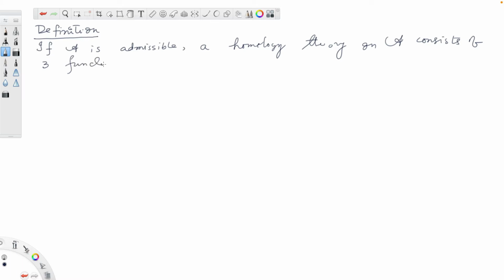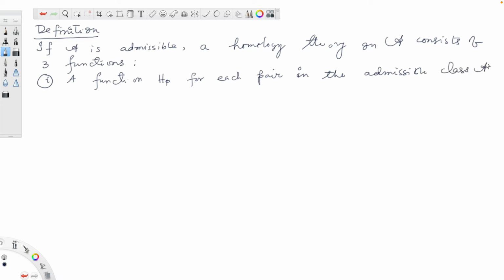To be more precise, three types of functions. One, a function H_p for each pair in the admissible class calligraphic A.